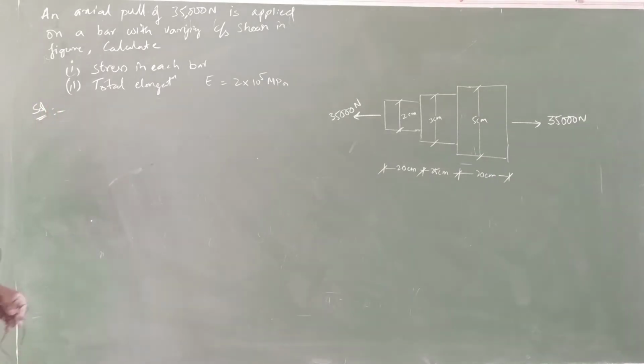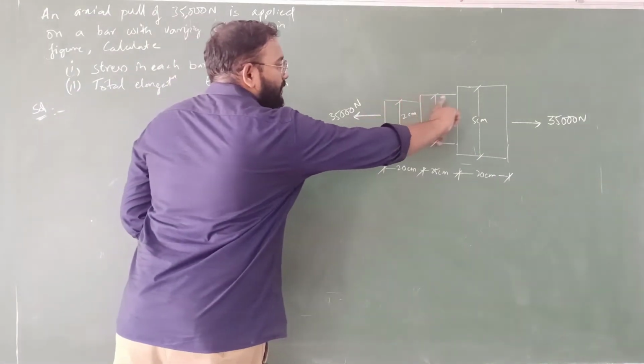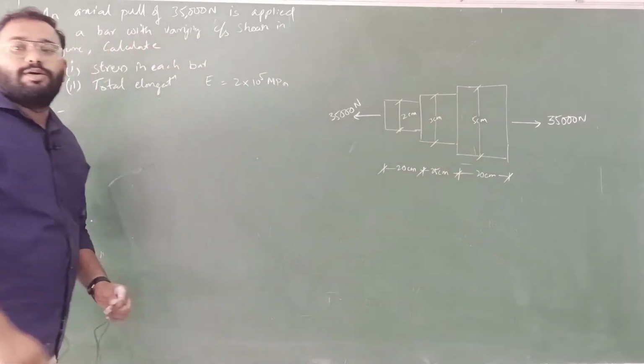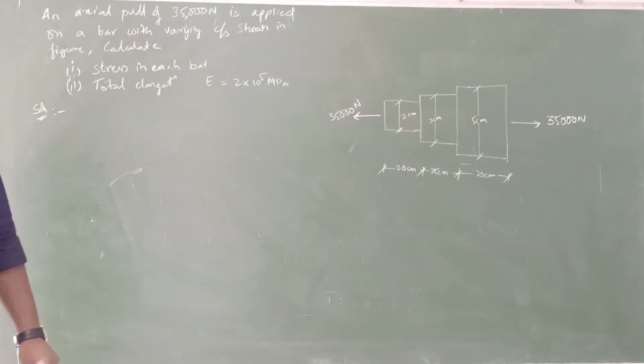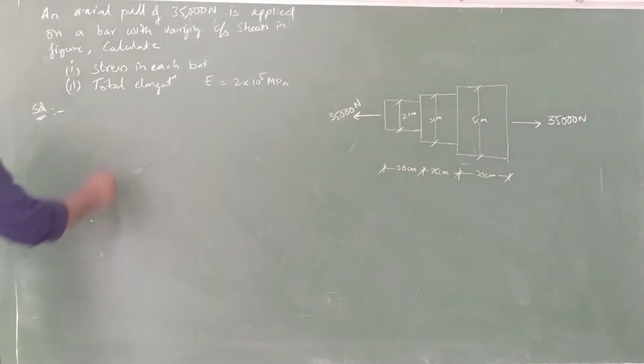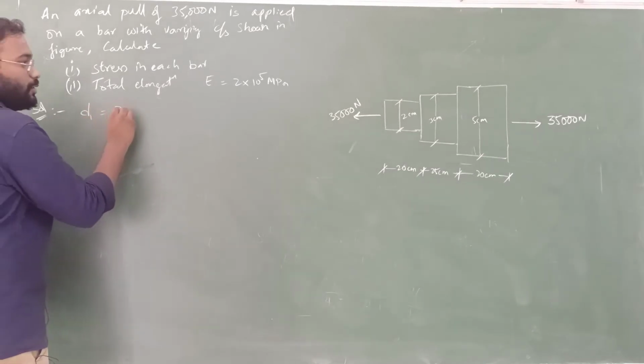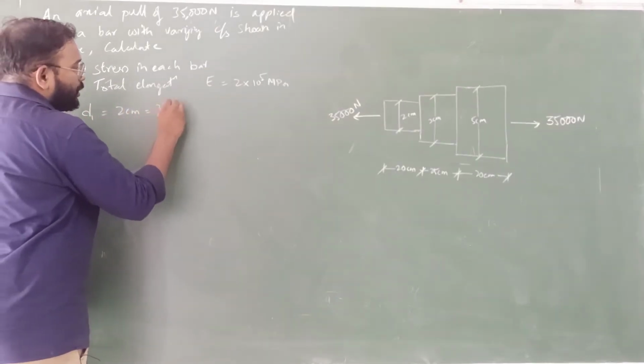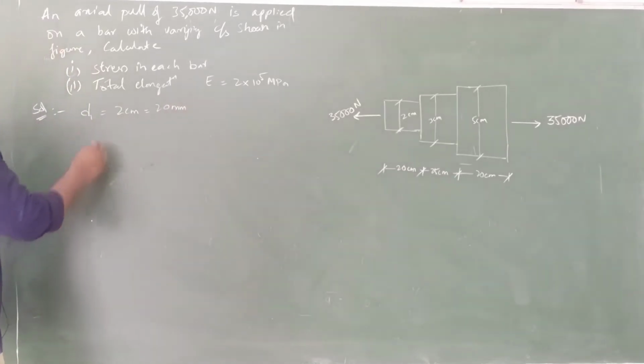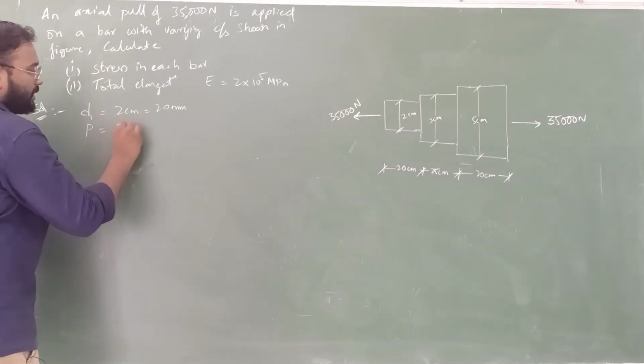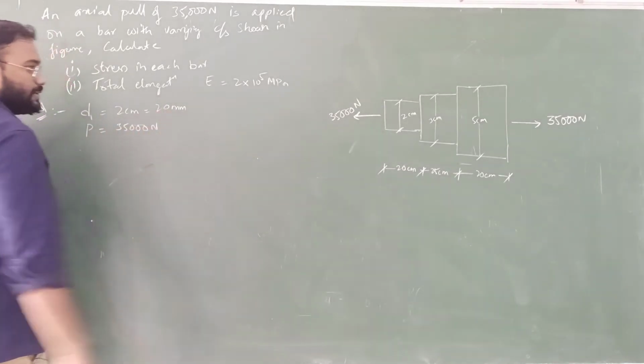So first we'll take first bar. All these bars are circular bars. What is given is diameter for you. D1 is equal to 2 centimeters, which is 20 mm. Okay, load applied P is 35,000 newtons.